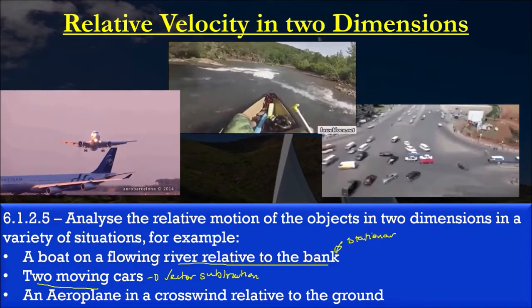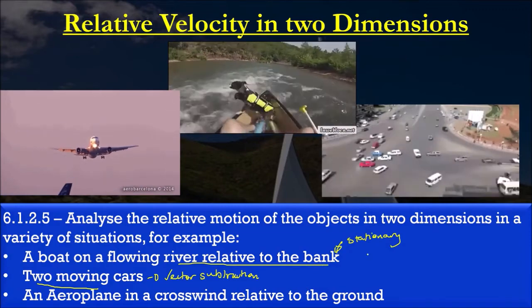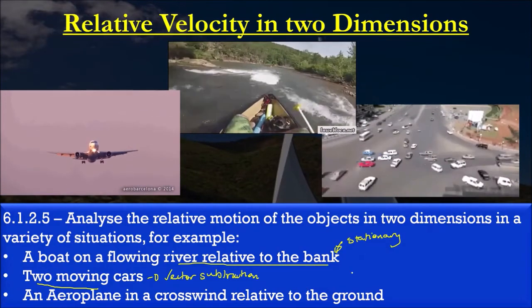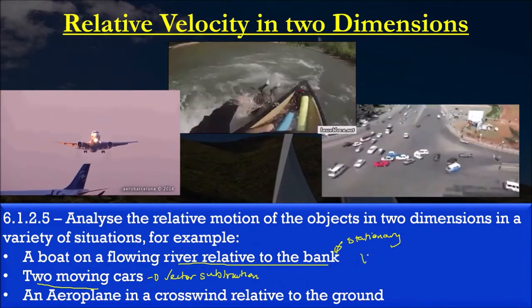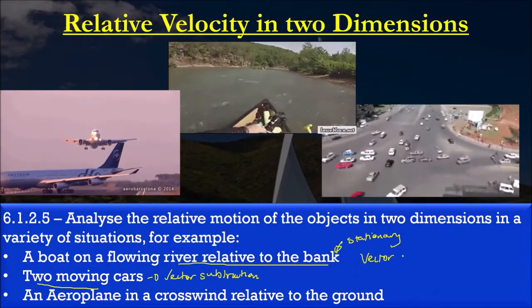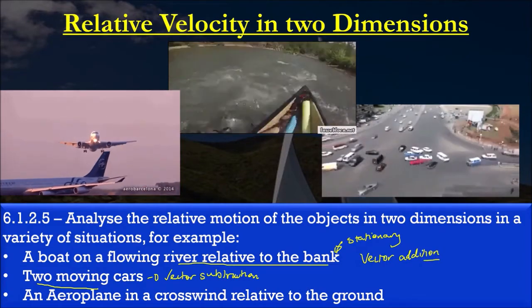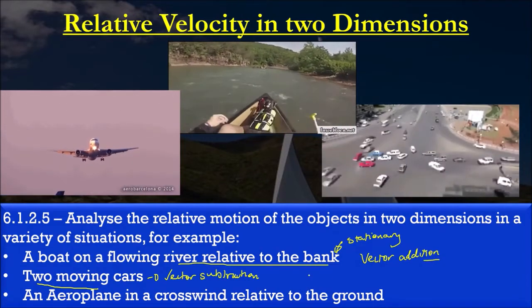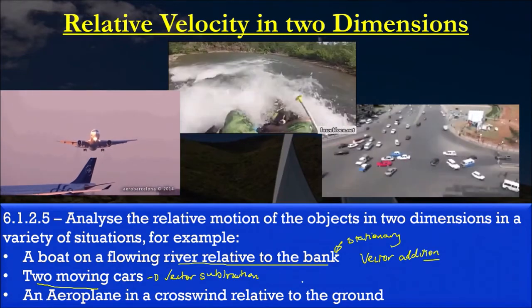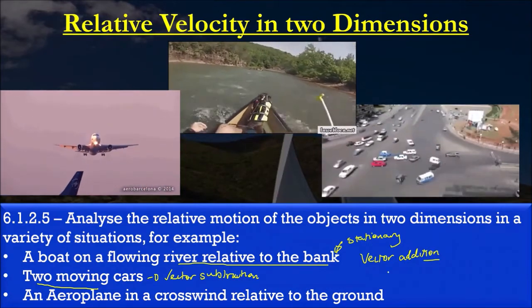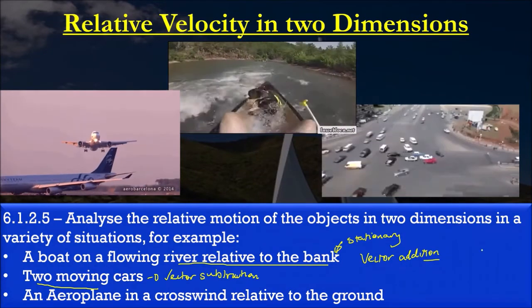Now, what we know is if we're trying to compare the motion of a stationary object for the ground to a moving object, we can simply use vector addition. So there is a slight subtlety here. I did say if we're comparing relative velocity, we use vector subtraction. But in the case where we are dealing with a stationary object, we can simply use vector addition.